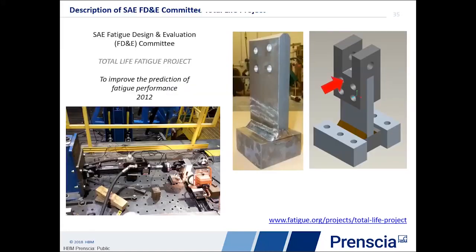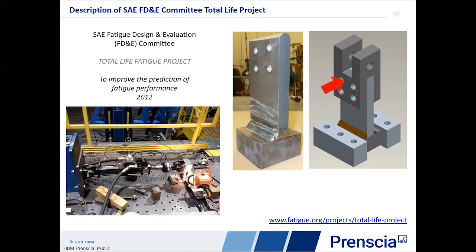Now let's just real quickly look at how we started some of the validations for this. We have here a project that was done by the Fatigue Design Evaluation Committee of SAE over a process of about 5 years.